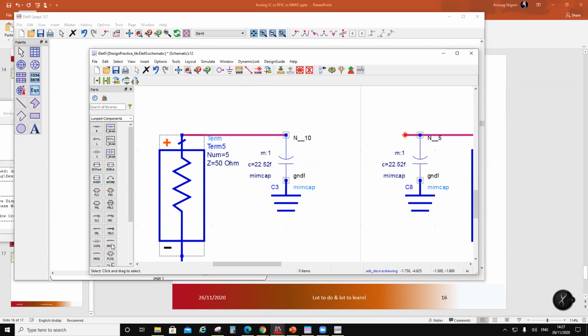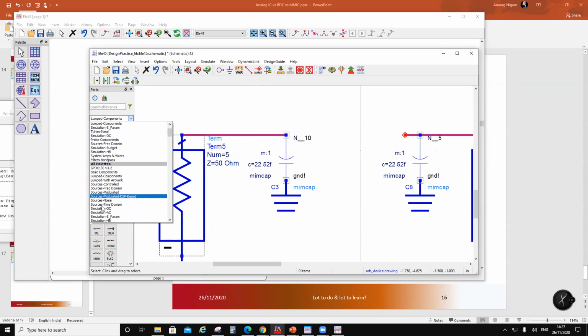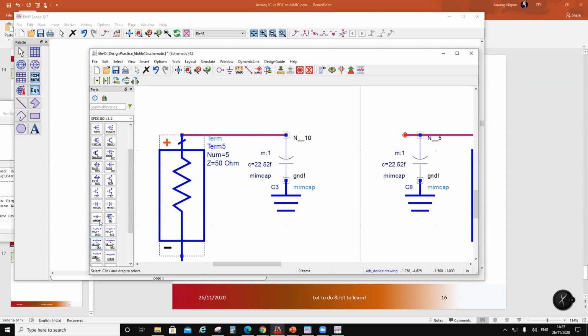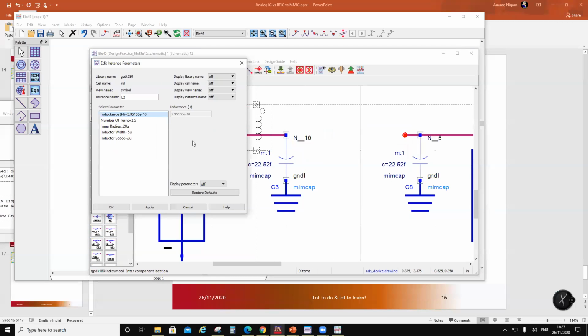Just one second. Go here, go to GPTK and pick up an inductor and do this as 1.5, and radius is fine. I make this as 10. And no, it doesn't look like I can do this. Maybe if it's a 20, it will be a big inductor.